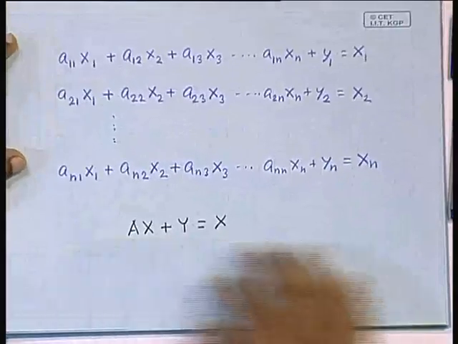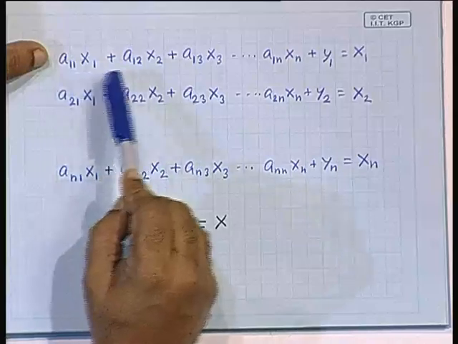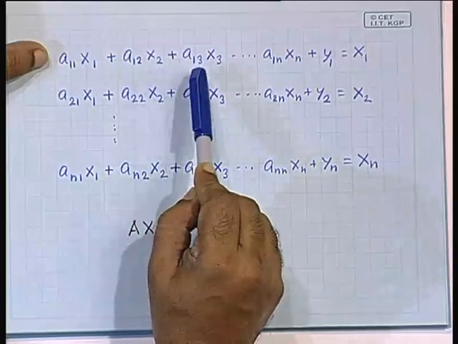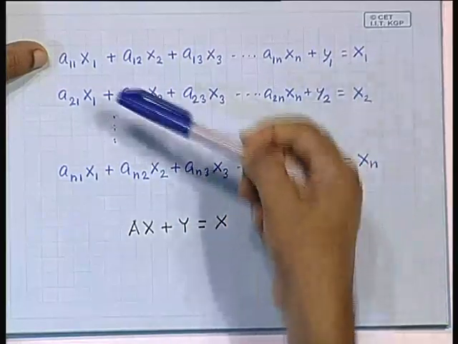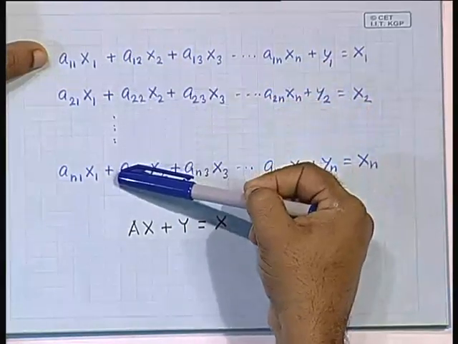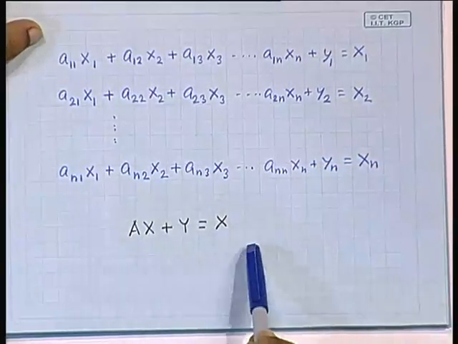Once we have defined this, we say that we can then represent it as a set of equations like this: a11 x1 plus a12 x2 plus a13 x3 and so on and so forth, plus y1 is equal to x1, and similarly we write the other equations. It clearly has the shape of a matrix Ax plus y.